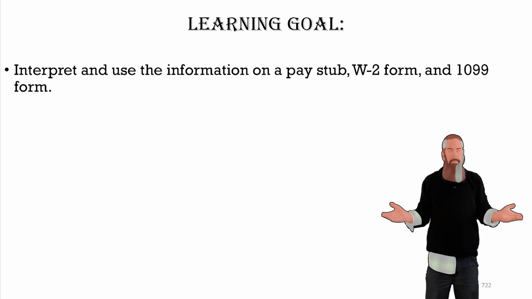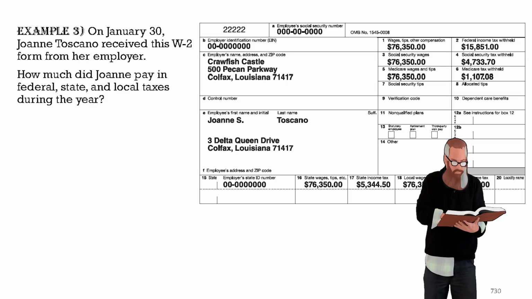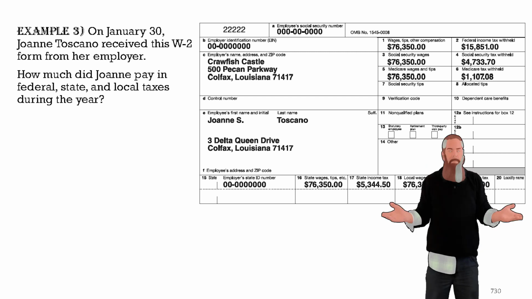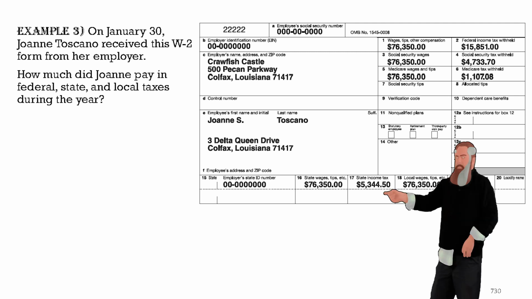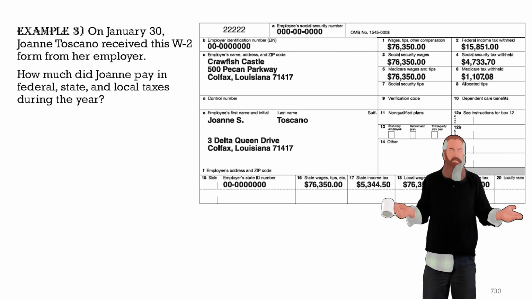Now, let's interpret the information on a W-2 form. On January 30th, Joanne Toscano received this W-2 from her employer. How much did Joanne pay in federal, state, and local taxes during the year? On this W-2 form, the federal tax income withheld listing is in box 2.